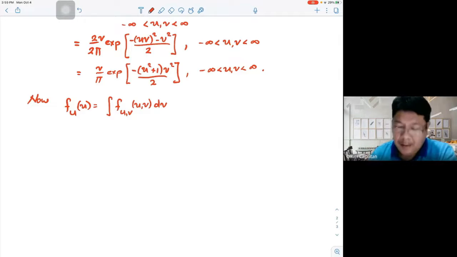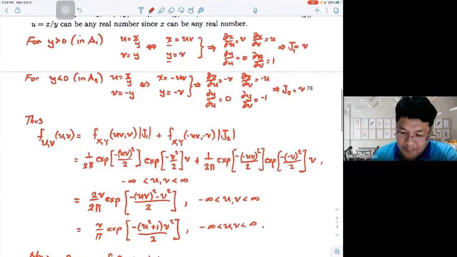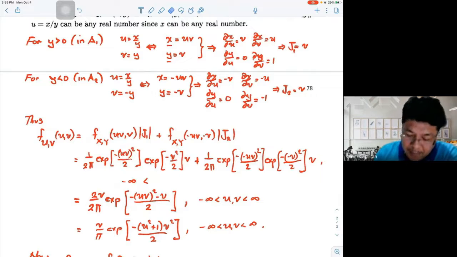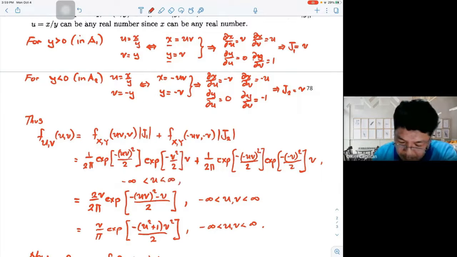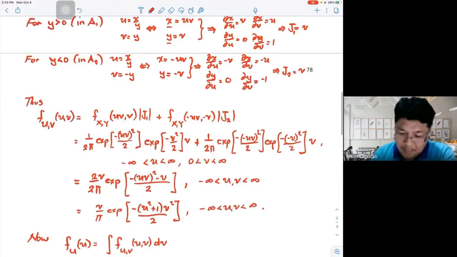Sorry, hindi ko pala na-check, nakalimutan ko pala. I'm very sorry for this. May restriction tayo sa V, kasi ang V is the absolute value of Y.